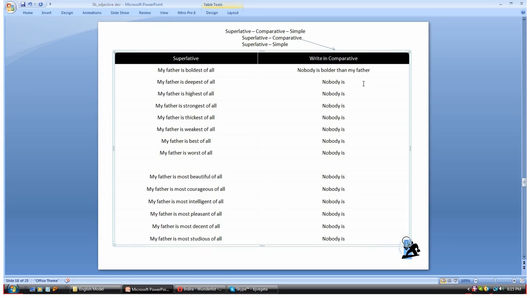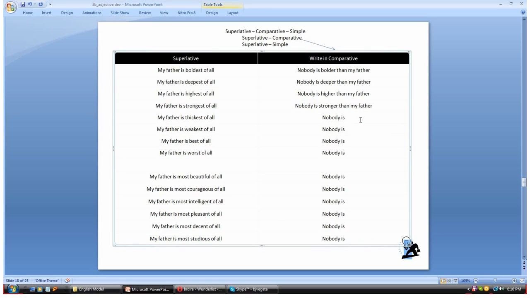The next one: my father is deepest of all. Nobody is deeper than my father. Next one: my father is highest of all. My father is strongest of all. Nobody is stronger than my father.